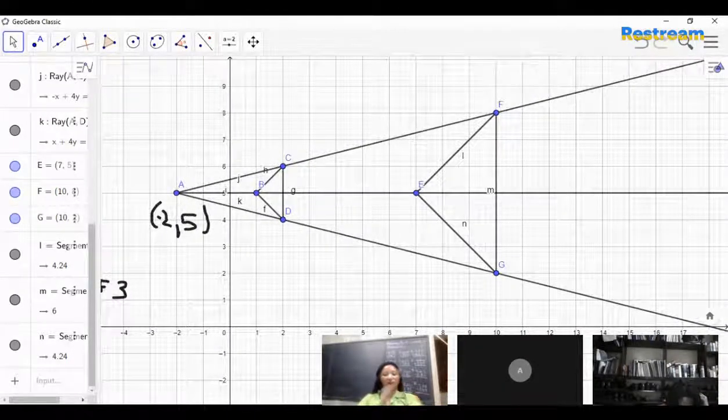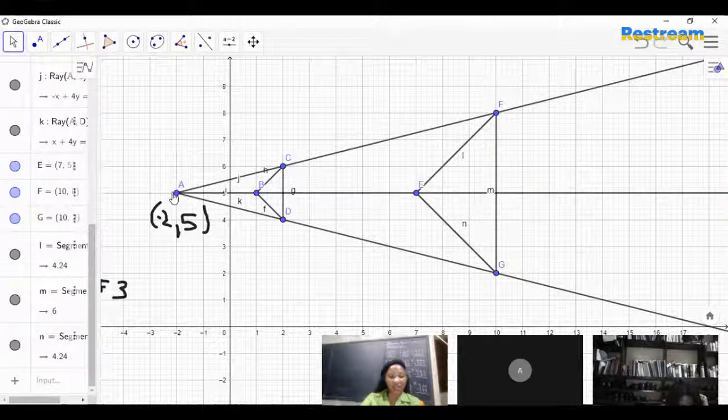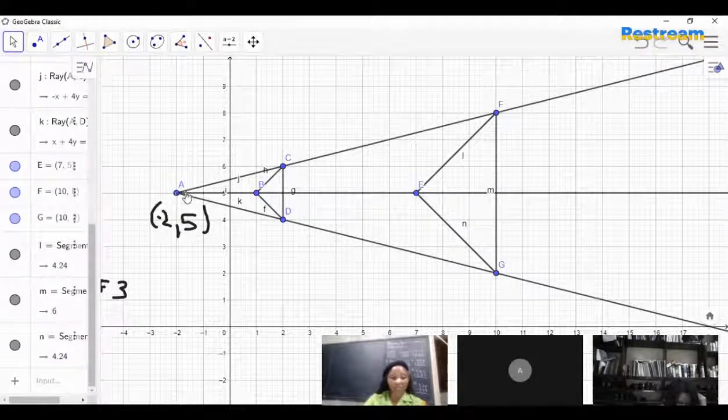So this is our original triangle. This is our center of enlargement. The scale factor is 3. So we could have used our ruler and measured the distance from the center of enlargement to the point and then just multiplied that by 3 to get the length to the extended point.